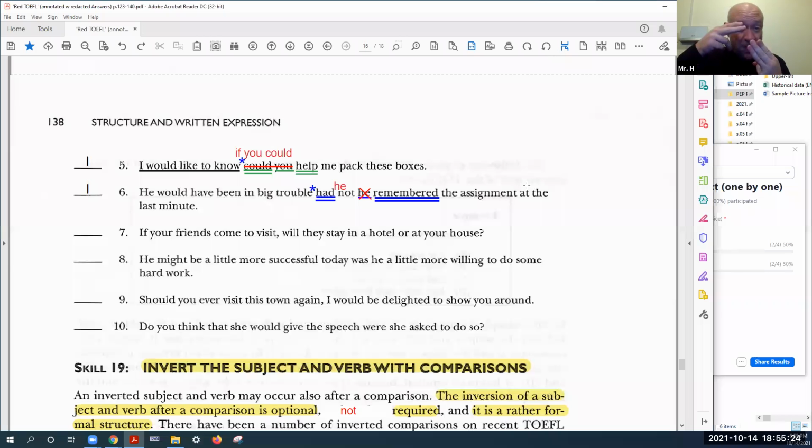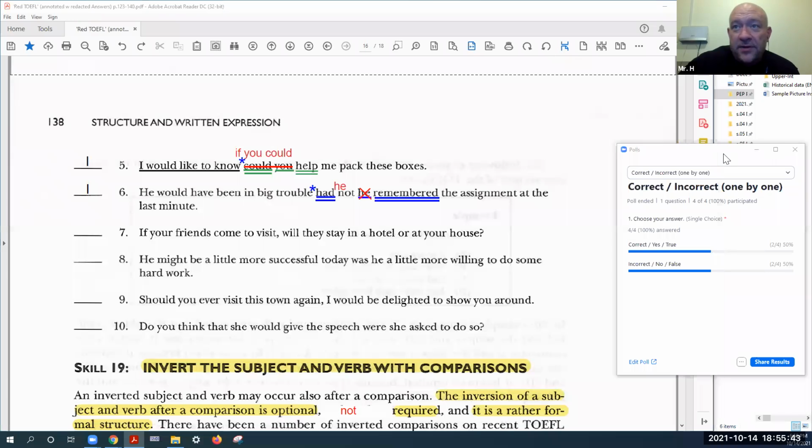Now, remember, you omit the if connector. Had, should, were, plus the subject directly, okay? The problem here is had not he. The order is wrong, okay? Let's try another one, guys. 7.